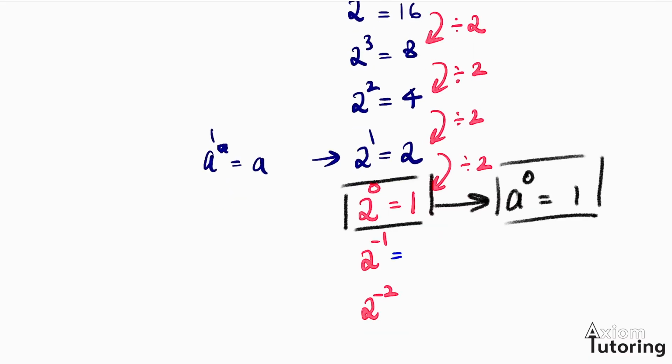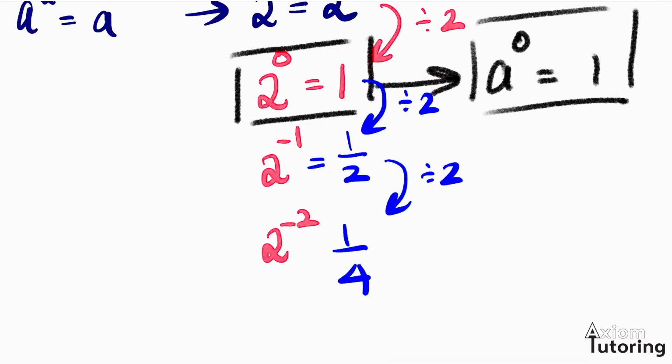Let's see what happens when we go to 2 to the negative 1. Well, we just keep dividing by 2. 2 to the 0 is 1, 2 to the negative 1 is 1 over 2. 1 over 2 divided by 2 is 1 over 4. But 1 over 2 is just the same as 1 over 2 to the 1.